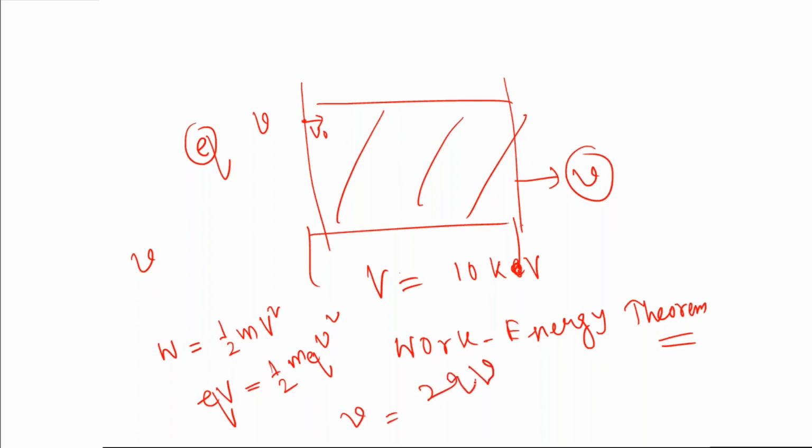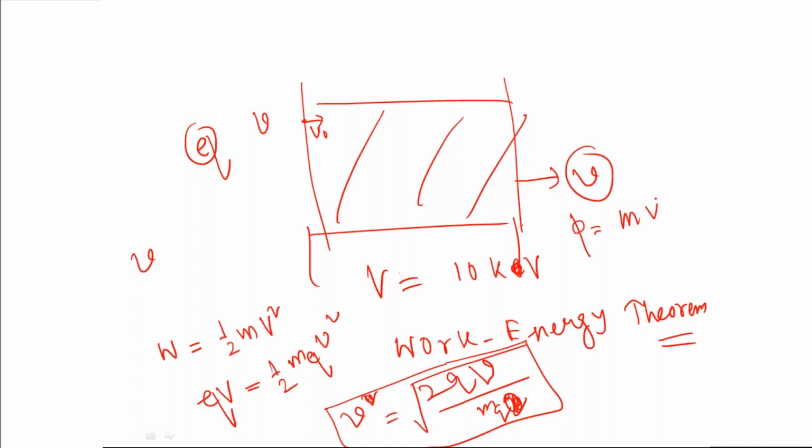So from here we can calculate the momentum. Momentum P is equal to m into v. So the momentum will be the square root of 2 q m_q V. So this will be the momentum for the particle. This will come again, that's why I'm just mentioning it over here.